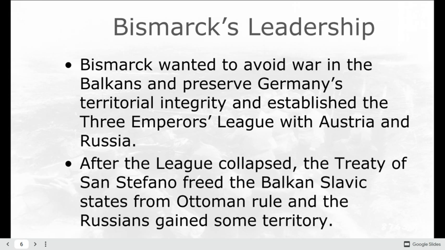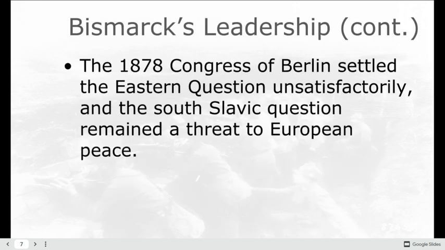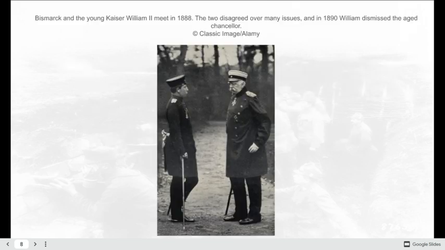But that didn't last long. And Russia would eventually depart in particular. In fact, they couldn't really decide what to do with the rest of Eastern Europe, even as a Congress of Berlin tried to address the question in 1878.